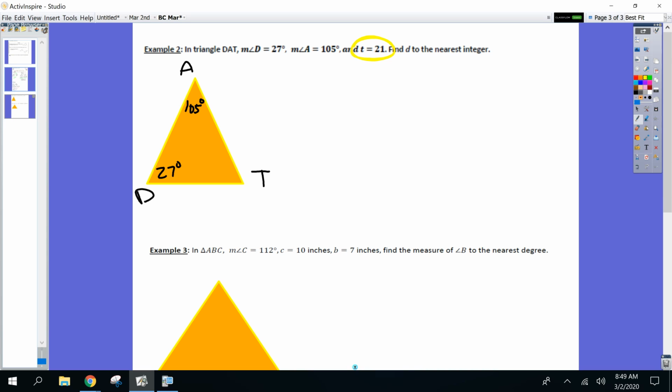What do you think that's referencing? If you had to guess, you're probably right. Lowercase t is referring to the side across from angle T. Yep, so the side across from angle T is 21. Find lowercase d, which would be the side across from angle D. So just get used to that notation now. Lowercase letters are the sides across from the angles.